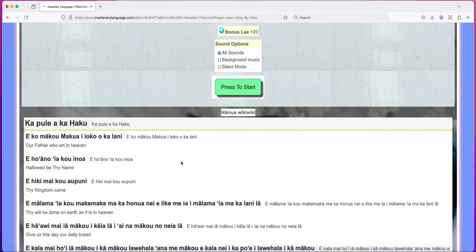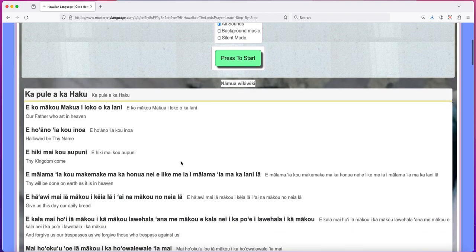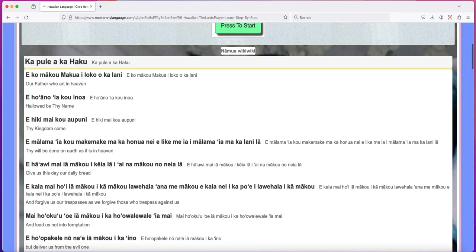However, the point of this is to just become familiar with the words and to get a sense for what the different phrases within the Lord's Prayer mean, what the meanings kind of are, and be familiar with seeing and saying and kind of feel comfortable with the words that are being used.